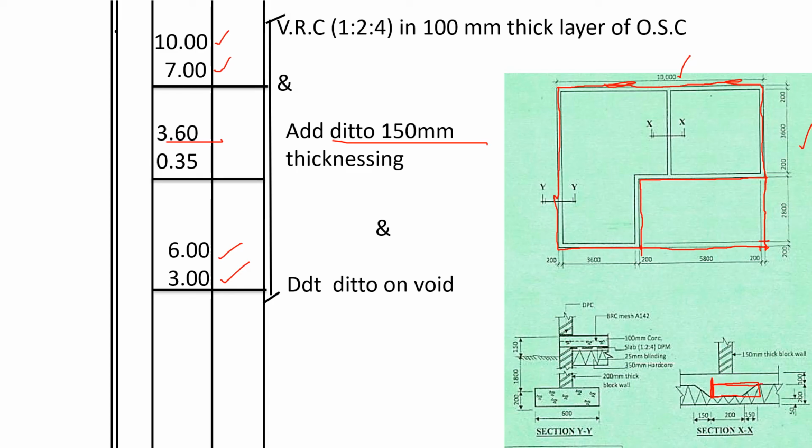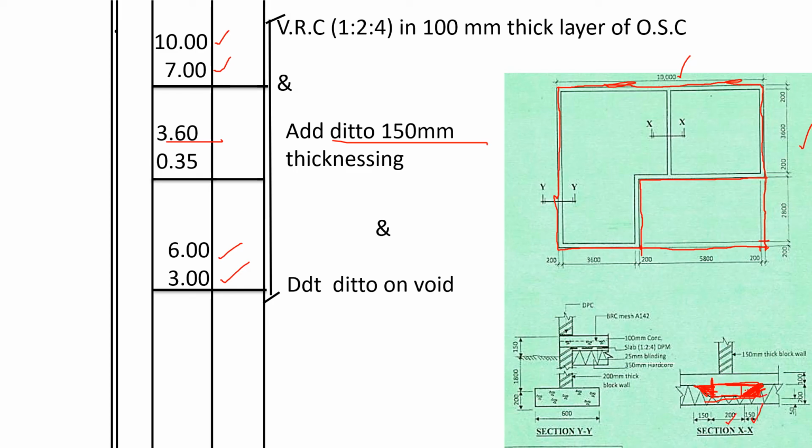So this triangle here is there, and this one here is a replacement of this other triangle on this other side. So it will form a rectangle, and the base of that rectangle is 0.35, 200 plus 150.